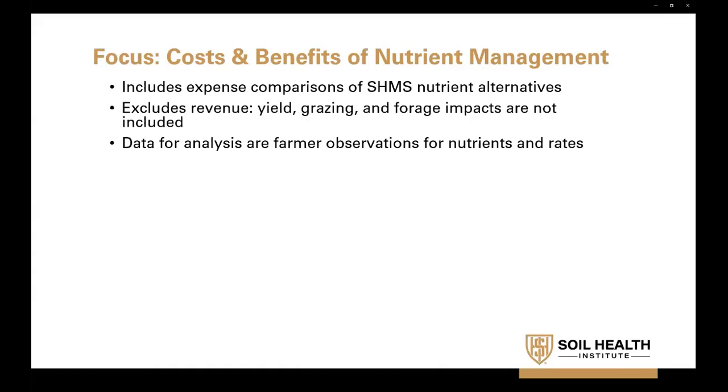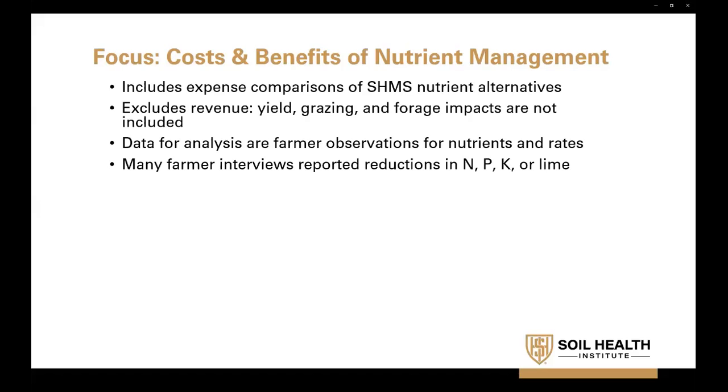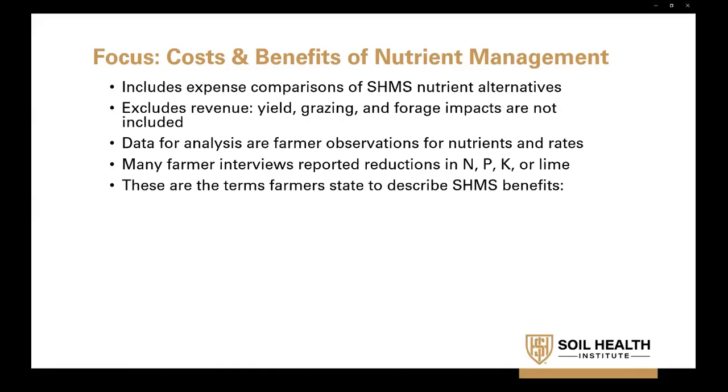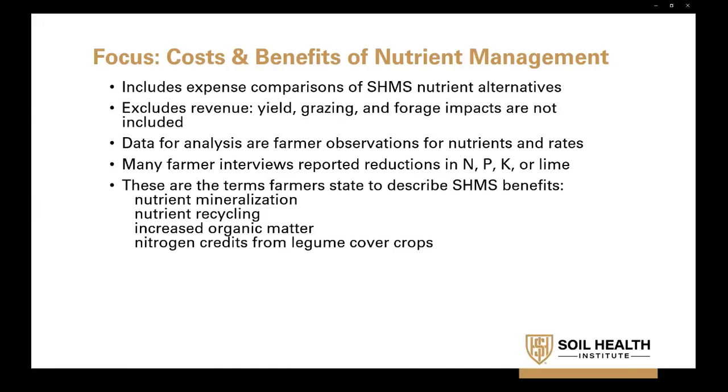The data for analysis are farmer observations for nutrients and rates of application. Many farmer interviews reported reductions in N, K, or lime. And these are the terms that farmers state to describe the soil health management system benefits of nutrient management: nutrient mineralization, nutrient recycling, increased organic matter, nitrogen credits from legume cover crops.